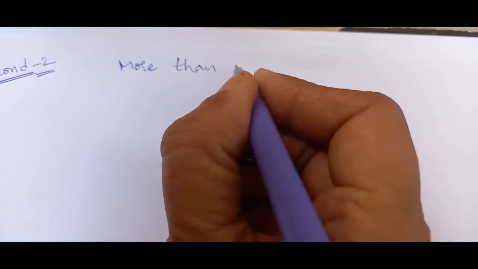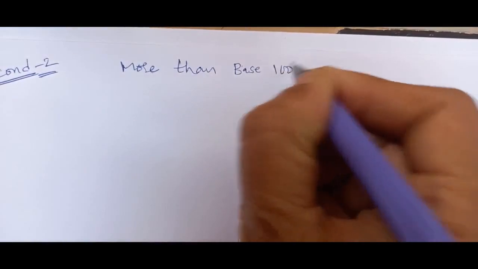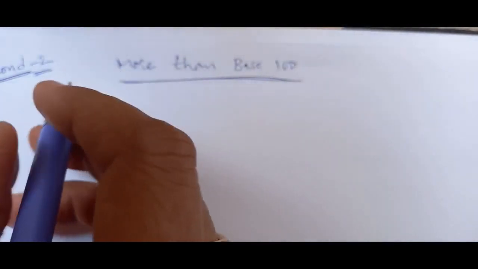Next, condition 2. If the numbers are more than base 100, then how to do? We'll see now. Let's take one example.